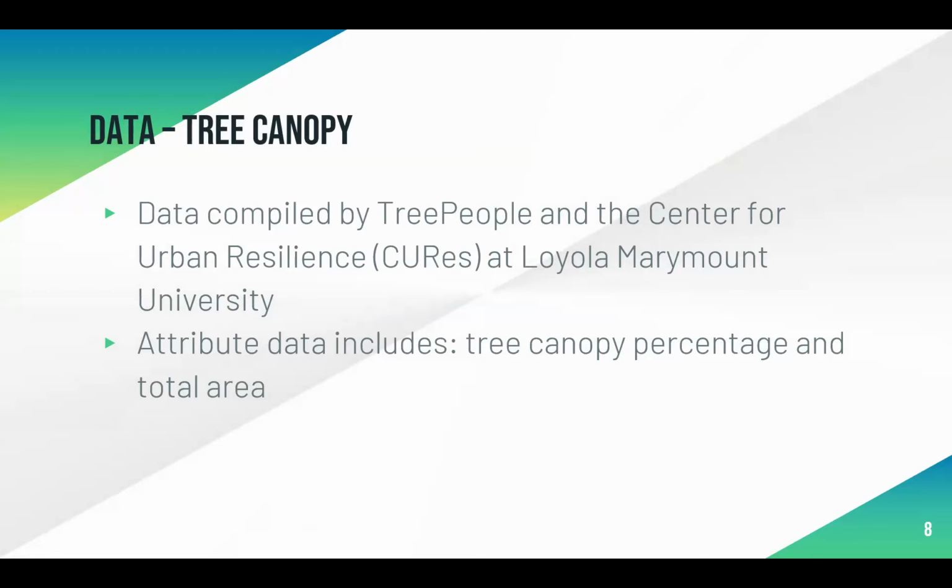Tree People is an environmental advocacy organization that works to make positive changes to our environment through education and volunteering. This data was collected at census tract level as well, and its attribute data included tree canopy existing percentage, tree canopy existing area, and the overall area of each census tract.